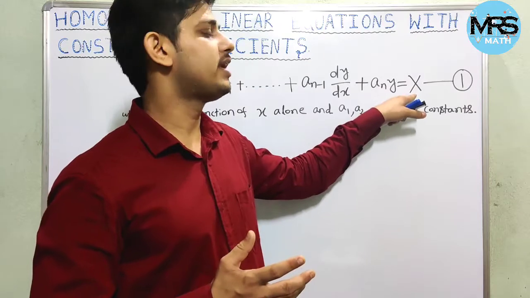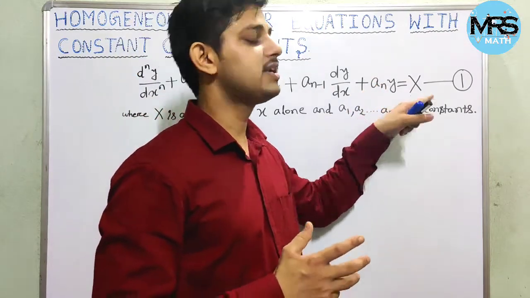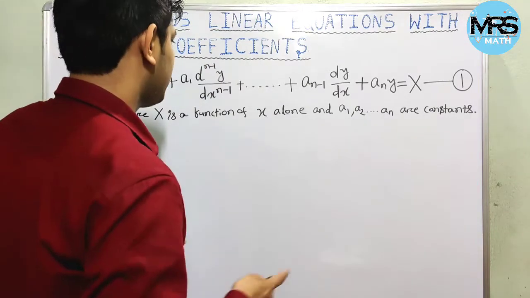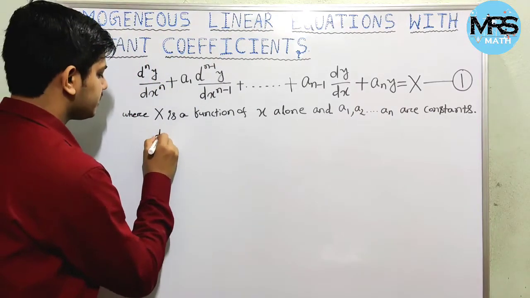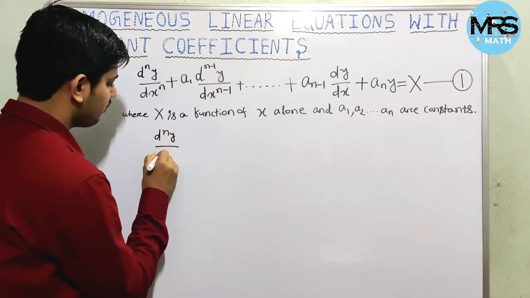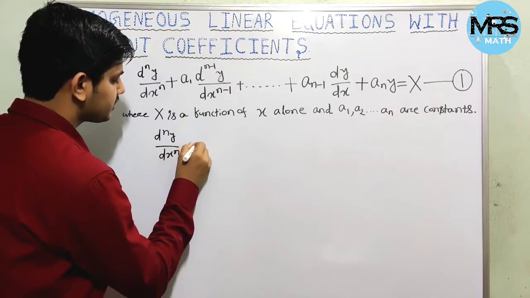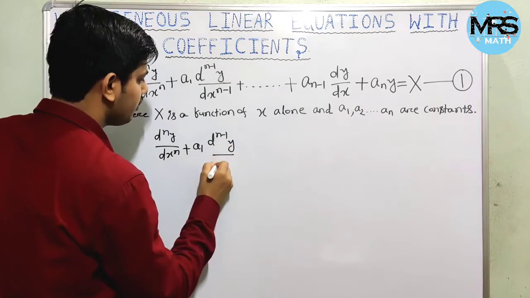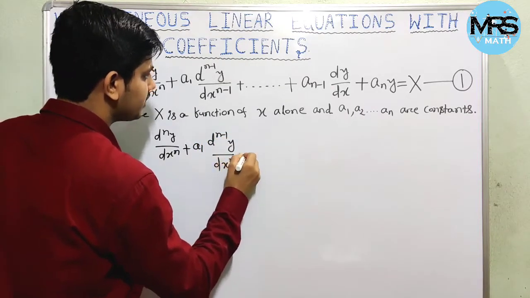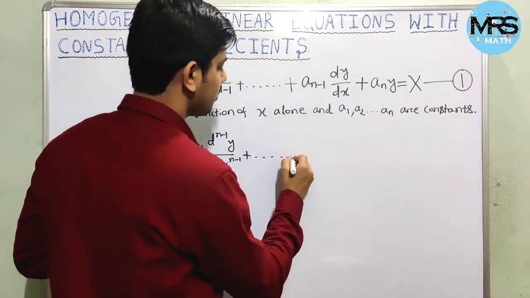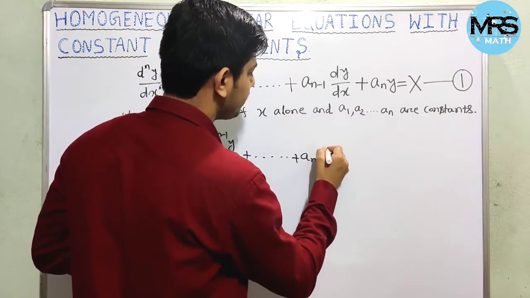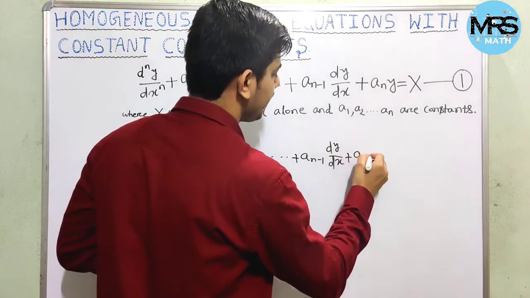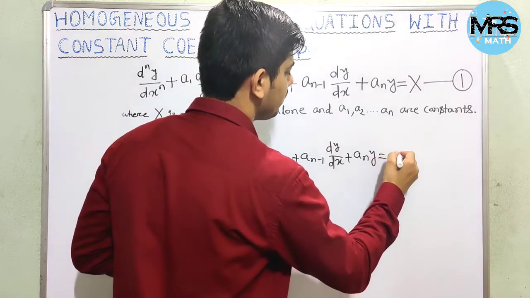If we take this capital X as 0, then whatever equation we get, let us write that one: dny over dxn plus a1 dn minus 1 y over dxn minus 1, and so on up to an minus 1 dy over dx, plus any, equal to 0.